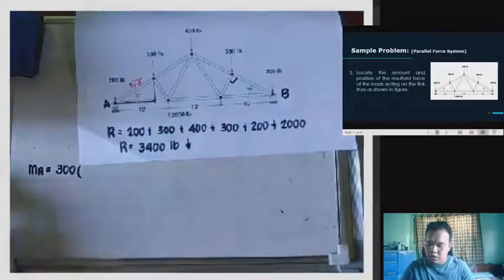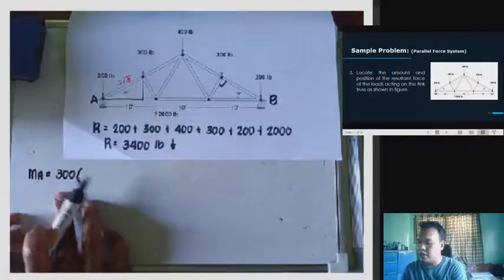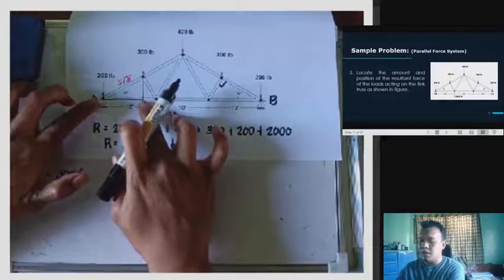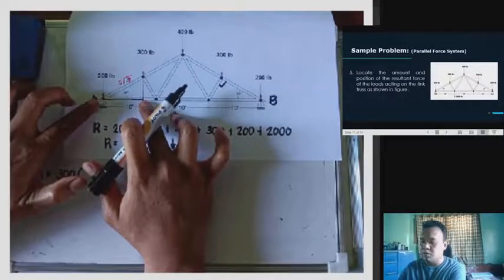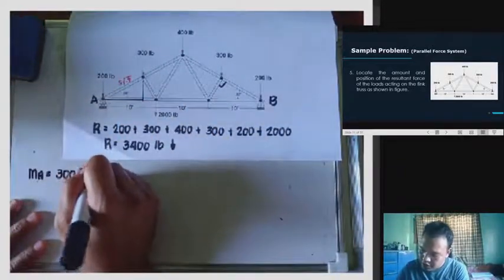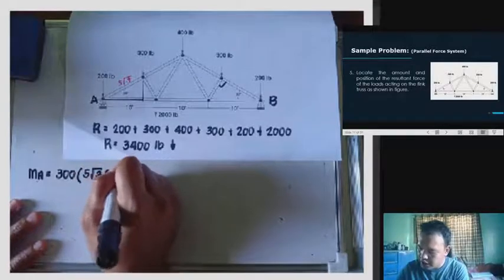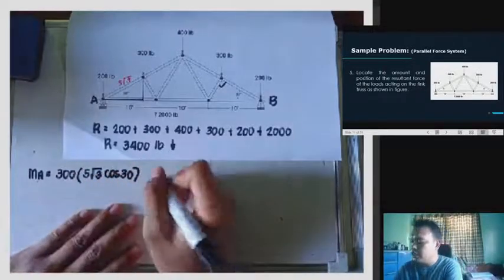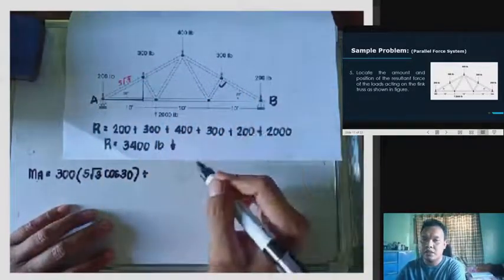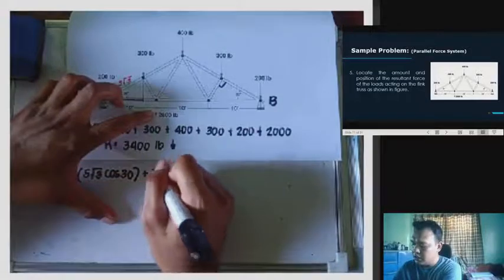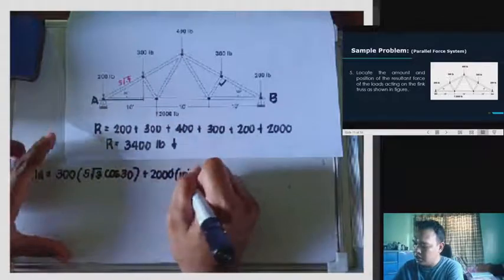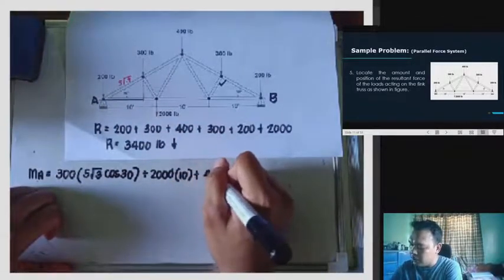Okay, so to get the distance, we have here 300 pounds. To get this perpendicular distance, magko-cosine ulit ako para makuha ko yung value. So we have here 5 the square root of 3 cosine 30 plus, puro siya clockwise, no? 2,000 times the perpendicular distance, which is 10, plus yung 400.